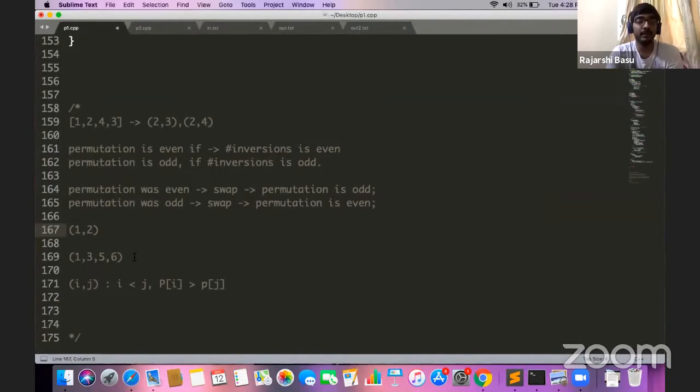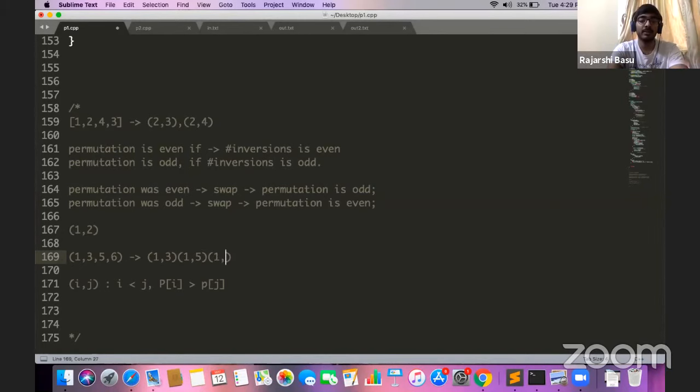So how does that work? If you had this sort of a 4-cycle, this is effectively the same as 1, 3. When I write the cycles side by side, it means I do this swap, then this swap, then this swap, then this swap. So 1, 3, 1, 5, 1, 6.